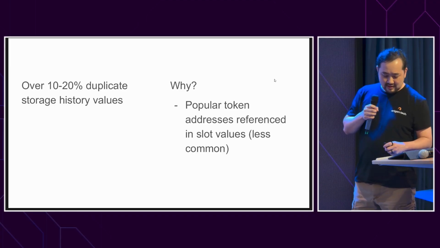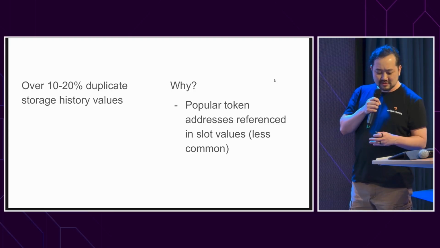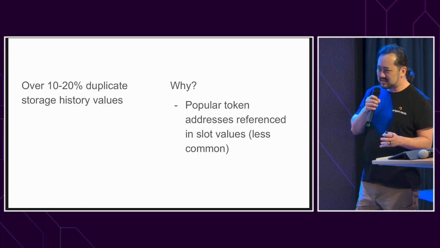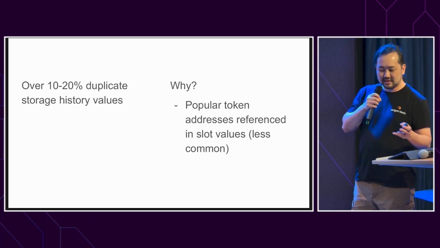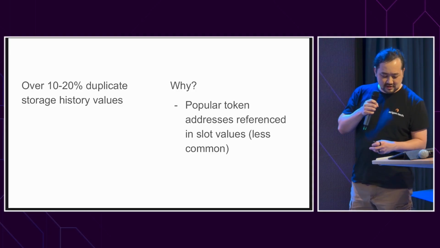This case is interesting because 10% may sound big enough to be worth optimizing, but we actually haven't optimized it yet because in absolute values it's still not much, compared with the entire size of an archive node, which in the case of Erigon is 1.7 terabytes, according to data from September, two months ago.